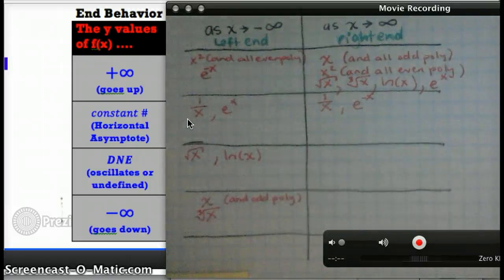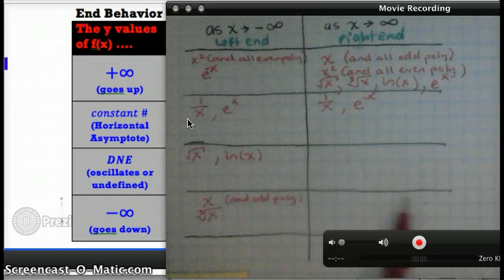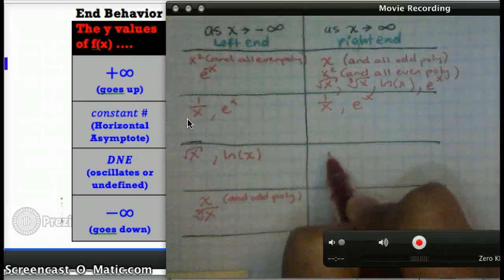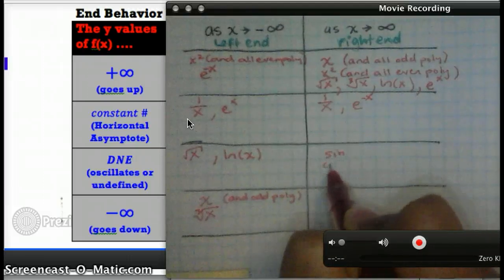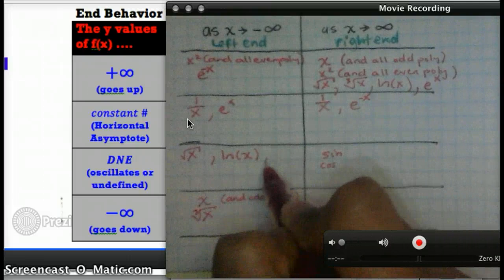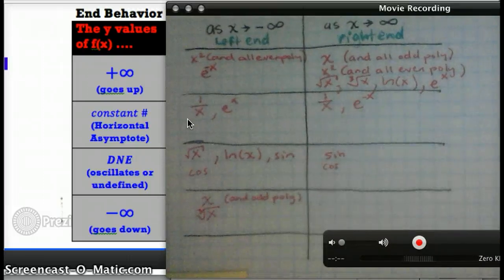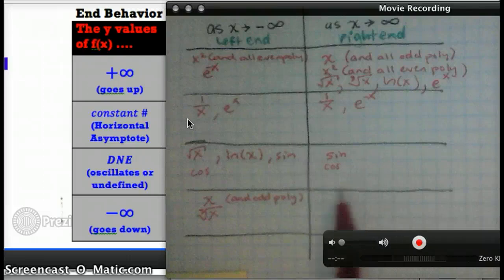Now, looking at our table, we're noticing that there's kind of a little bit of sparsity here. Give me another function that doesn't exist. Well, sine and cosine actually are going to belong in this category on both ends. And it's actually not that no functions go to the negative infinity on the right end.